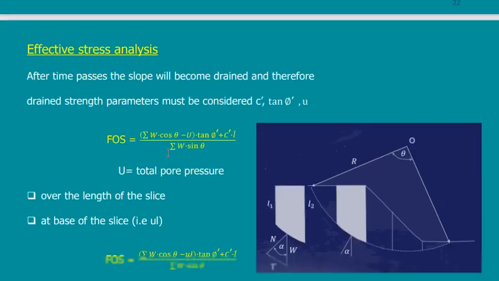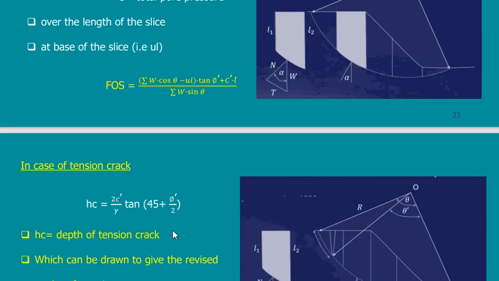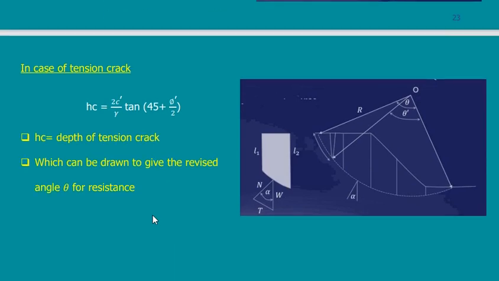Use these summations, add them in the equation, and you will get an accurate analysis for your case. Of course, in case you have a tension crack, then you have to account for the effect of the tension crack on the equation.